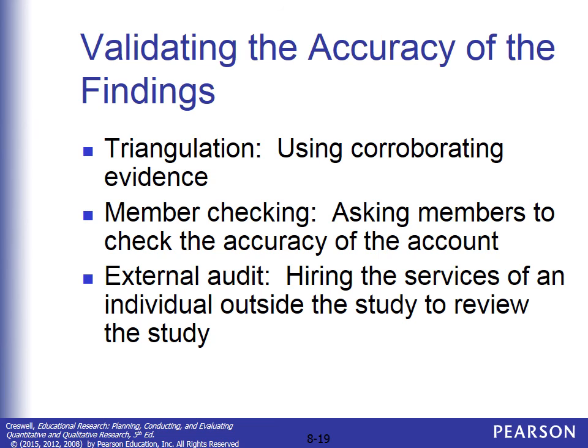There's triangulation. And this is when qualitative inquirers triangulate among different sources of data to enhance the accuracy of a study. So for instance, I did a mixed methods dissertation that had quantitative statistical analysis, but I also had a qualitative section. And in that qualitative section, I used triangulation as a process to corroborate the evidence from different sources.